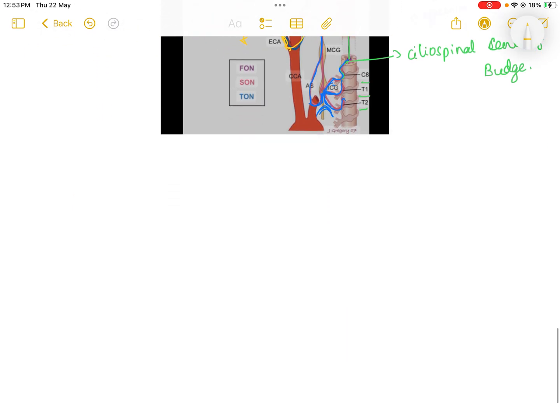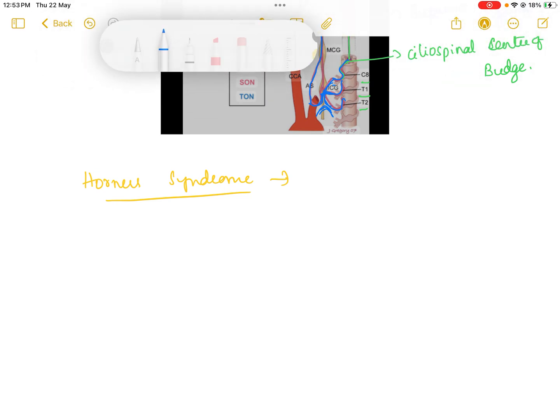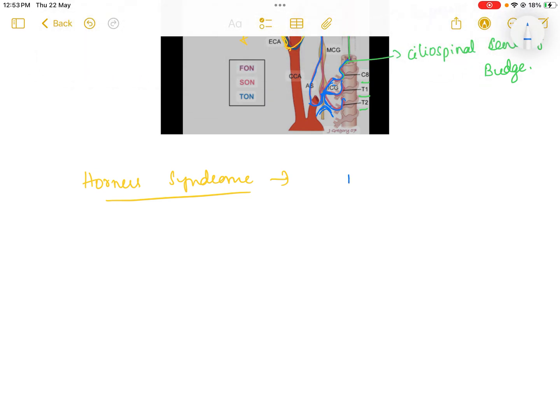Now coming to Horner syndrome. Horner syndrome occurs when there is a problem in first order neurons, second order neurons, or third order neurons. It is characterized by 5 components. One is ptosis.